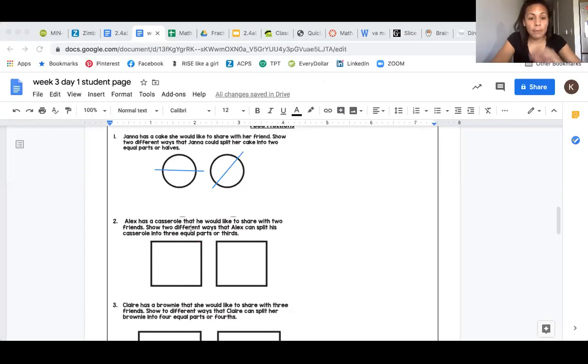Okay, all right, so maybe if I go across like this and make smaller rectangles. Did that work? Yes, I made 3 parts and they are equal. Okay, maybe I could do the same thing, but going up and down for the second way. Did that work?